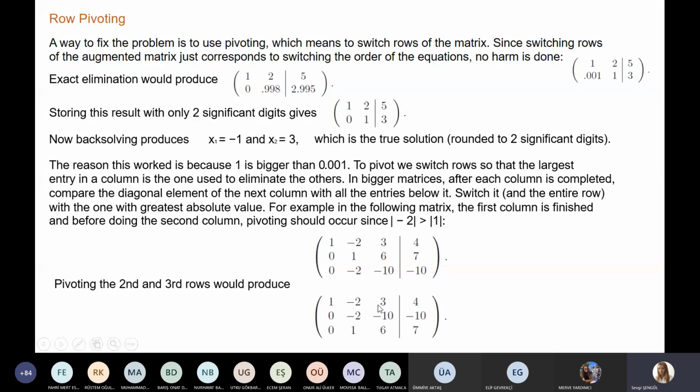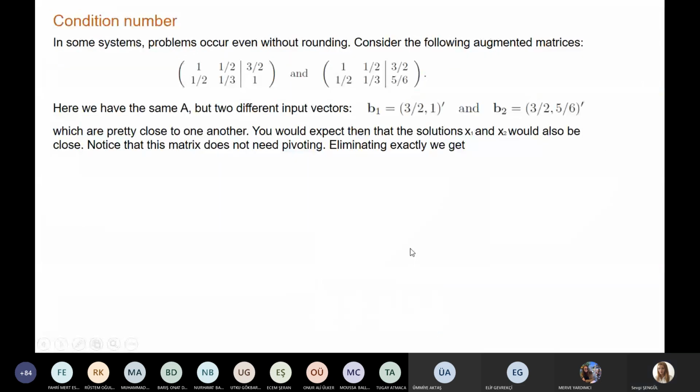For this kind of system, you will see less error because of rounding and other issues. Okay, so in the system we are applying pivoting first, moving the highest weighted element into the upper row. And the condition number is telling us what kind of matrix we have.